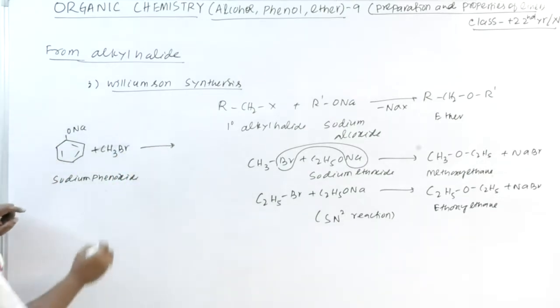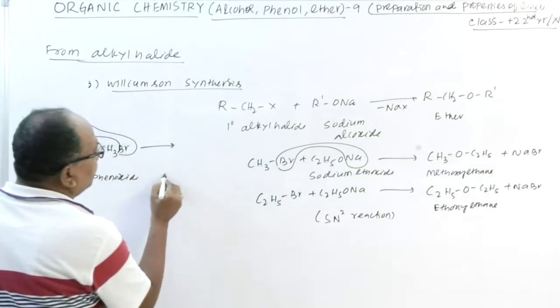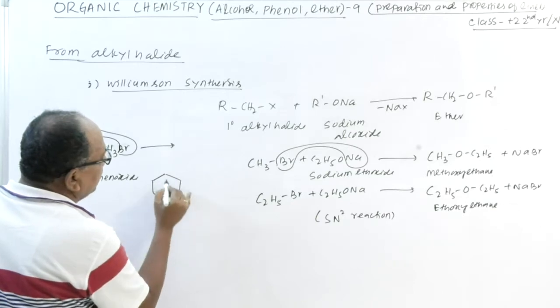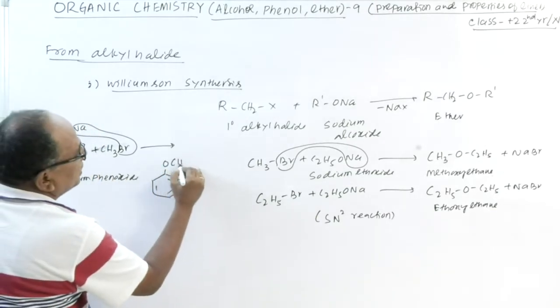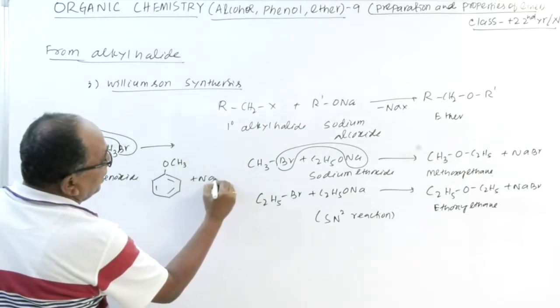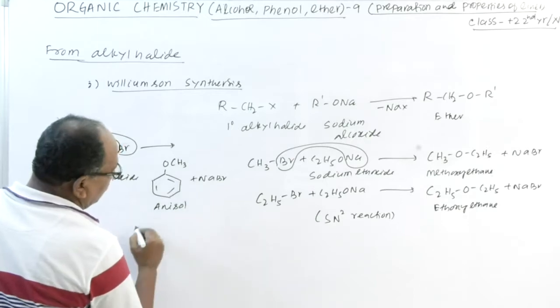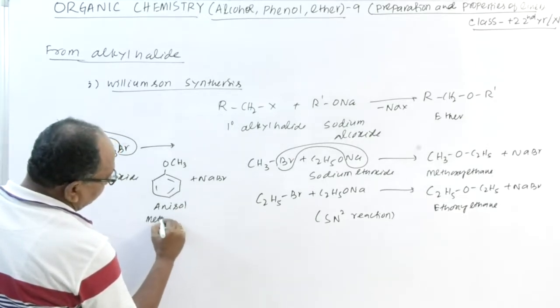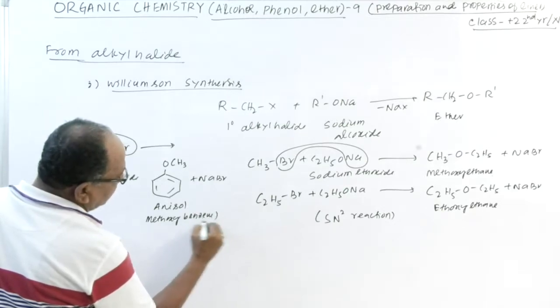The sodium and Br get lost as NaBr here, so it becomes benzene ring O CH3 plus NaBr. This is called anisole, or methoxybenzene.